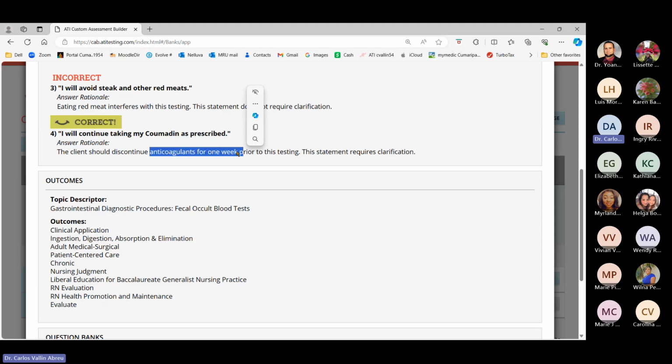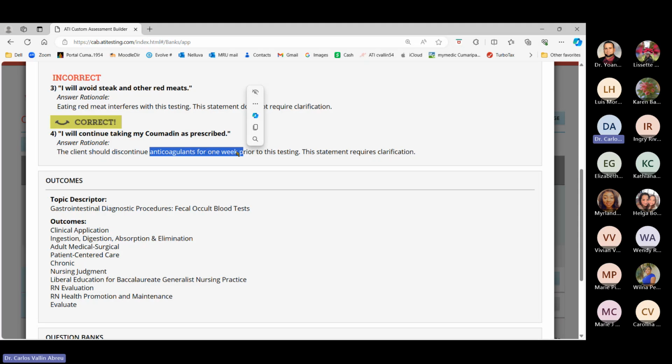So it's okay. It's interesting, the question, but this question is very contentious. Okay, don't dare to tell a client to discontinue your anticoagulant. If a person is taking Coumadin, which is a potent anticoagulant, it is because it has a serious indication to take this.